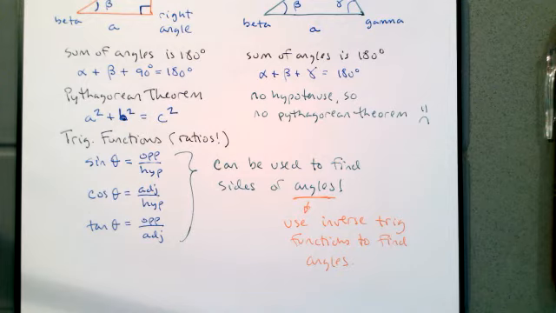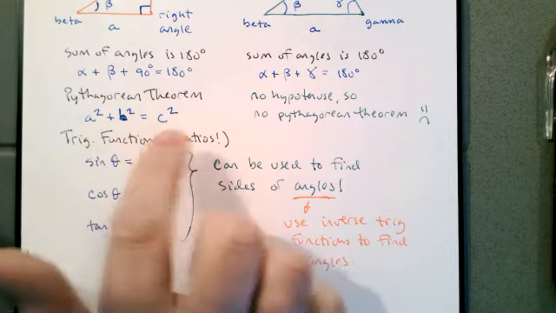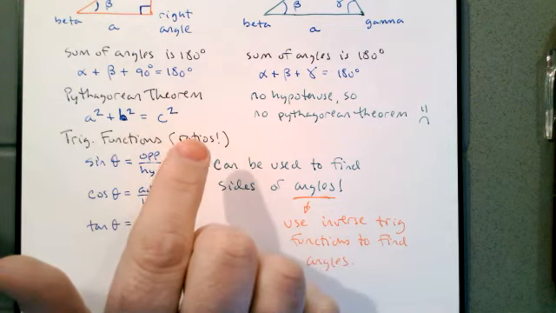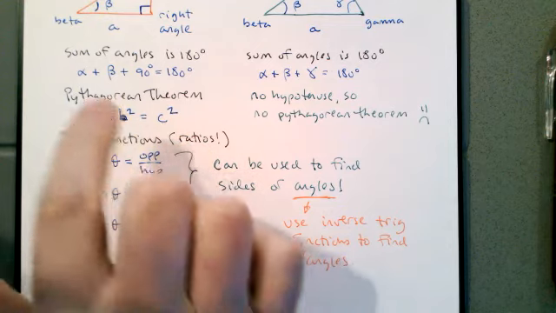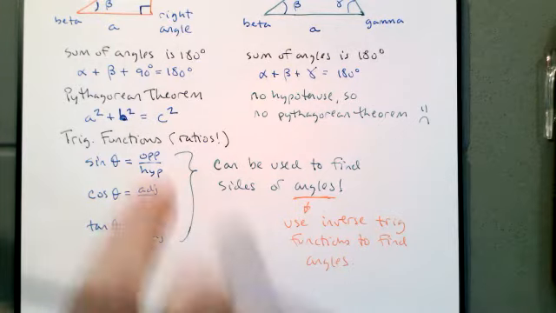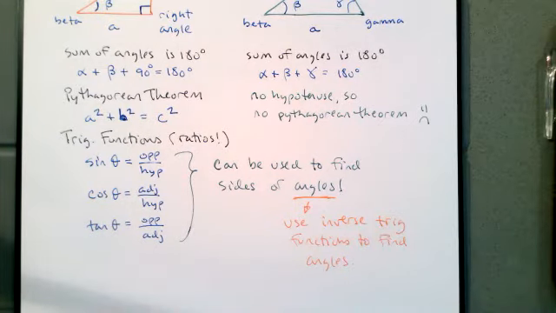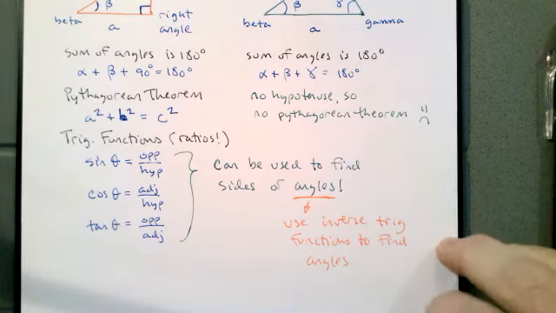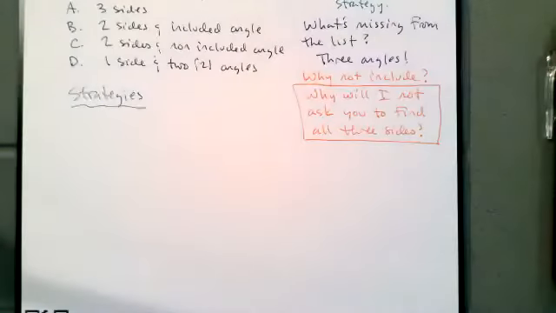They're all pretty straightforward to use. But trig functions involve our new functions. The Pythagorean theorem involves squares, and that means square roots. The easiest one to use looks like it's going to be the sum of the angles. It only involves addition. Sum of the angles is 180 is the easiest, and it also applies to any triangle that we're looking at. So that's going to be the easiest one to use.